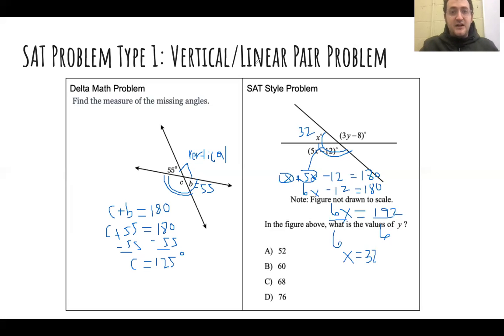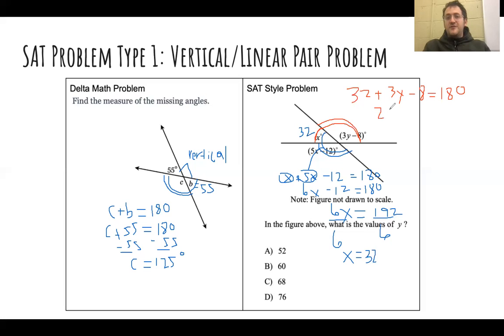And then, of course, we need to find what Y is. So then I'm just going to use a different color. So I could actually say that 32 plus 3y minus 8 equals 180.